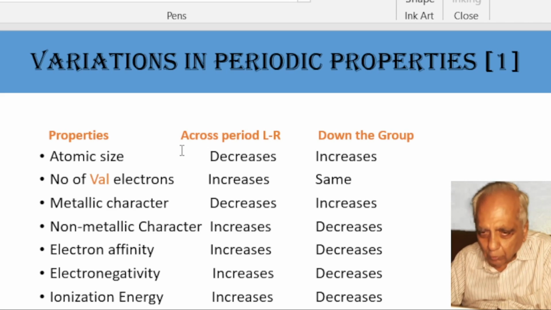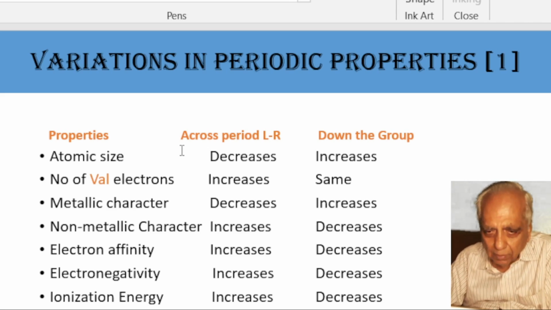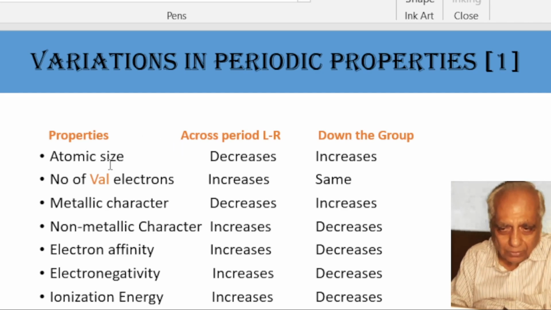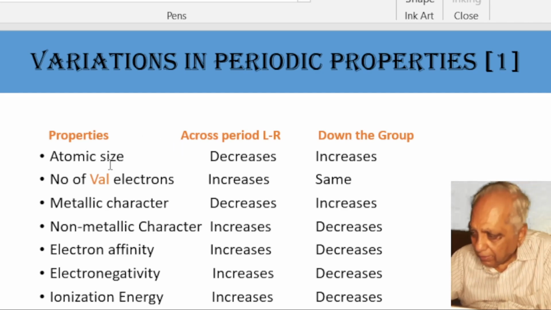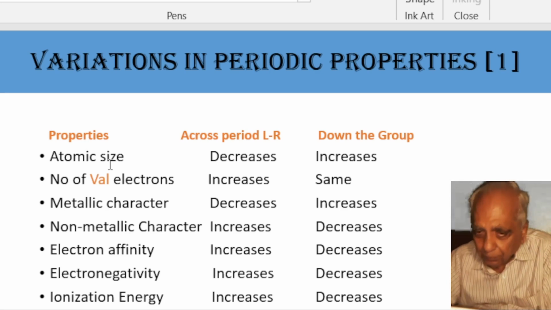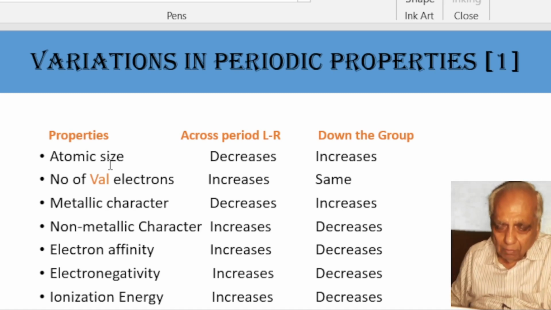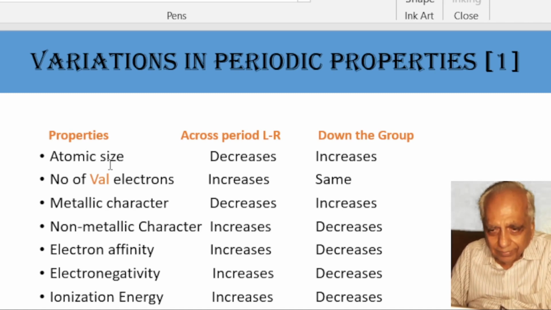I will tell you a simple method of how to learn these variations in periodic properties that we have studied so far. The first property we studied was atomic size, so this is sort of a summary also. If we go from left to right, the number of shells remains the same, but the nuclear charge is increasing.